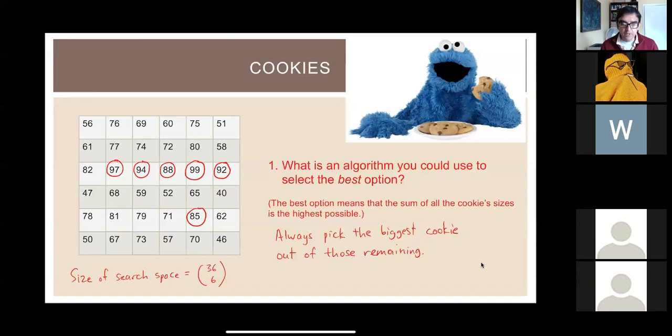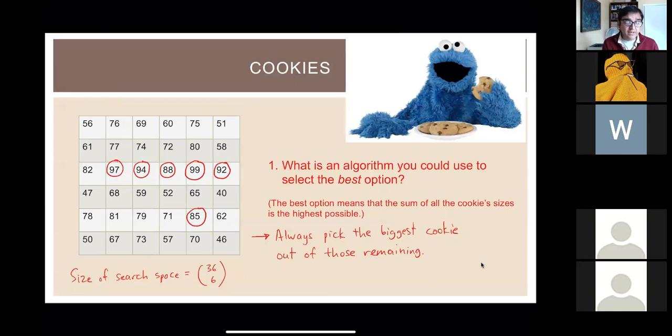Okay, great. So the first thing is, this is a greedy strategy. Rather than looking at an entire batch of 6 cookies at a time, we're building up the solution 1 cookie at a time. We first choose 1 cookie, and then we fix that. We're not going to go back. We're not going to backtrack. So we fix the first cookie, then we pick the next one, we fix it, then we pick the next one, we fix it, and so on.